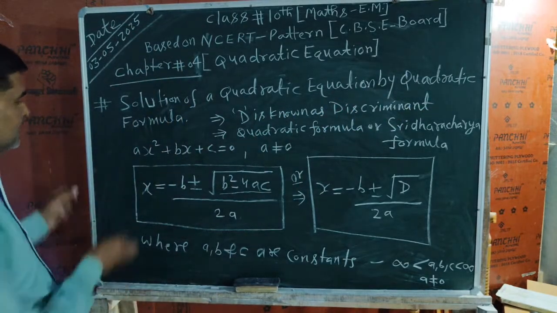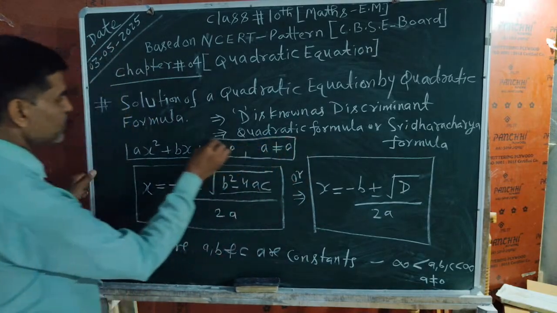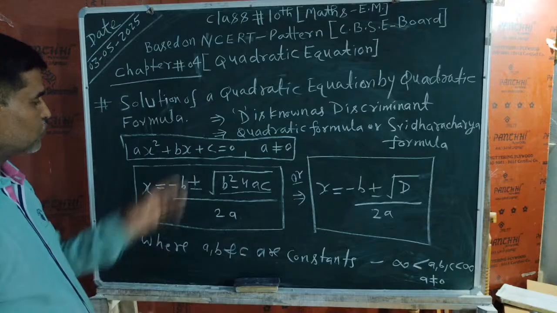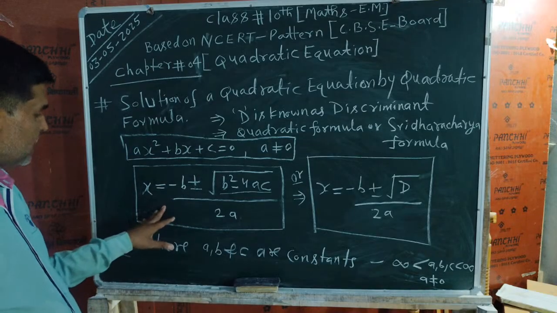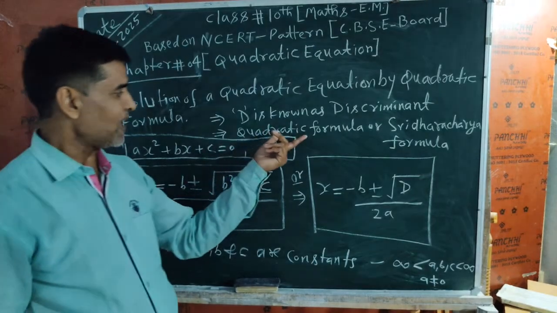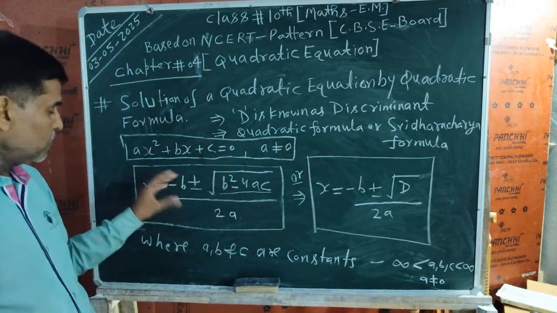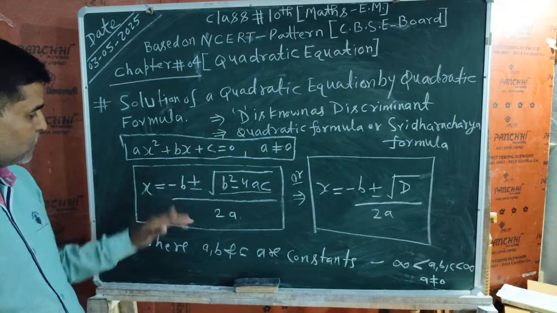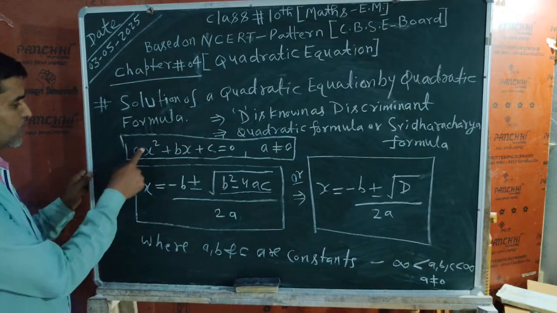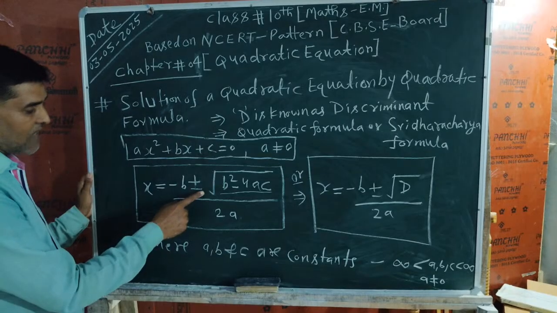Each and every student has to know the solution of a quadratic equation by the quadratic formula. I have written here the general quadratic equation, because if I take one set of values of a, b and c, I will get a particular quadratic equation, and for the roots of that equation I will use this quadratic formula or Sridharacharya formula. After using this I will get the value of x, and since the power of x is 2, there will be two values, because one is plus sign and the other is minus sign.